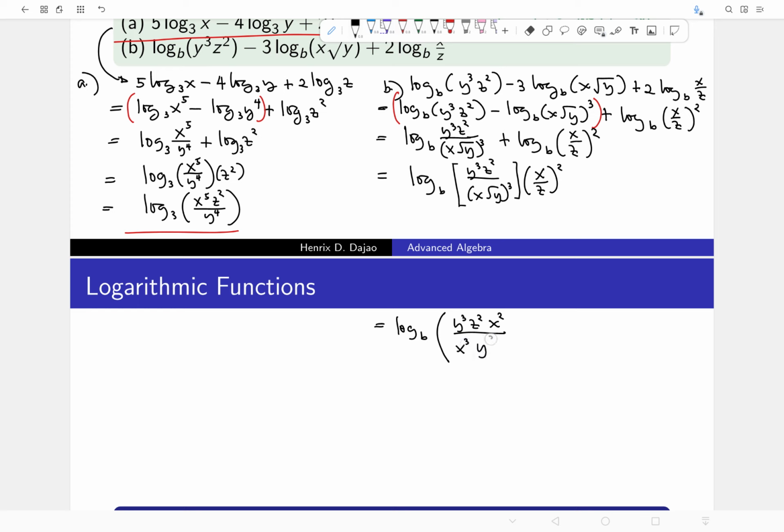That's 1/2, so 3 over 2, then z2. So just simplify everything.